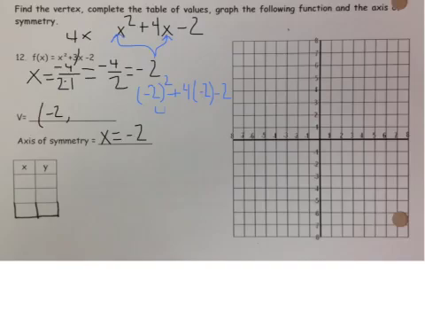So I get 4 minus 8 minus 2, so negative 4 minus 2 gives me negative 6. Alright, so the y-coordinate of my vertex is negative 6. I'm almost there. So for my x, I have negative 2, and negative 6 for y.